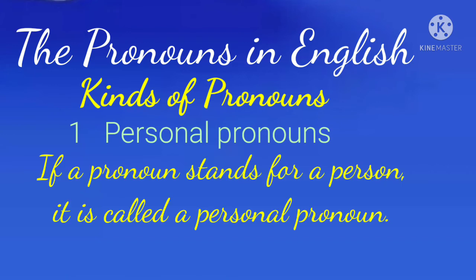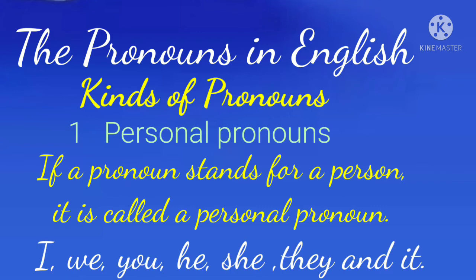If a pronoun stands for a person, it is called a personal pronoun. There are several personal pronouns in English. They are the words like I, we, you, he, she, they, and it.